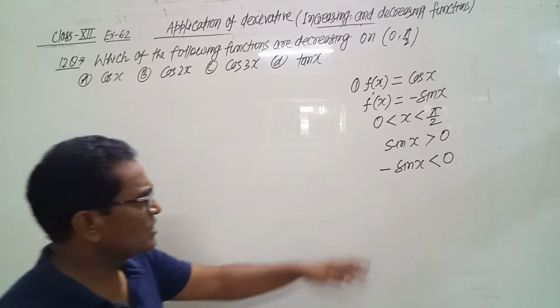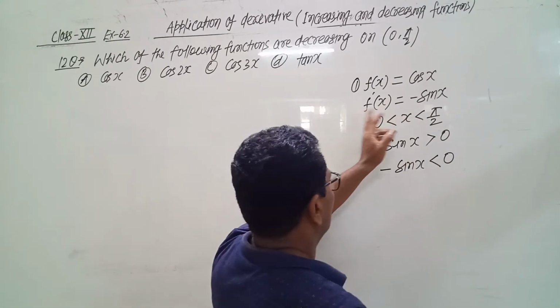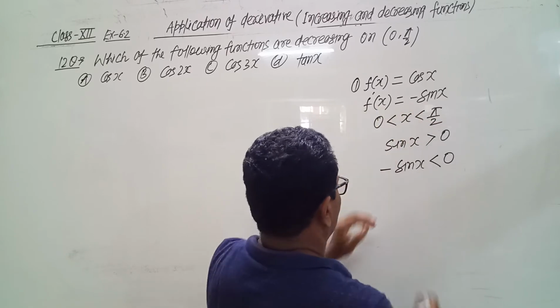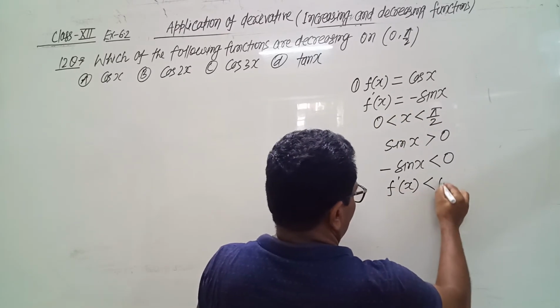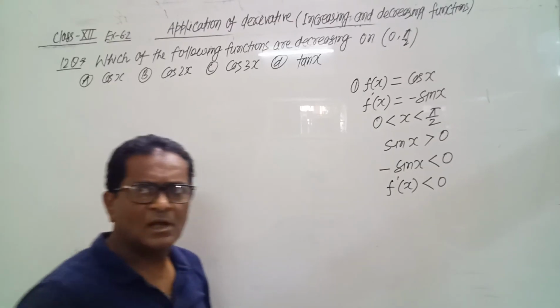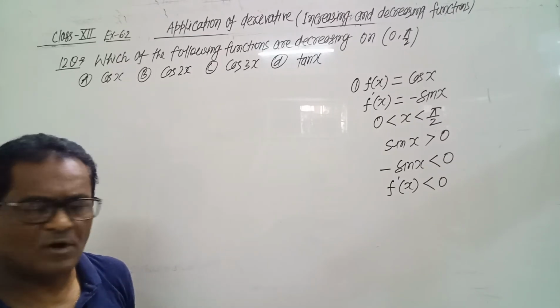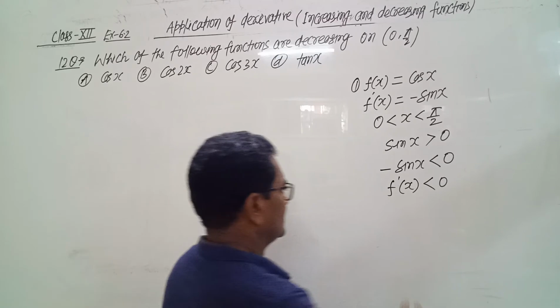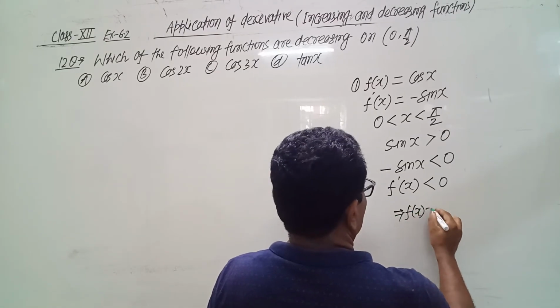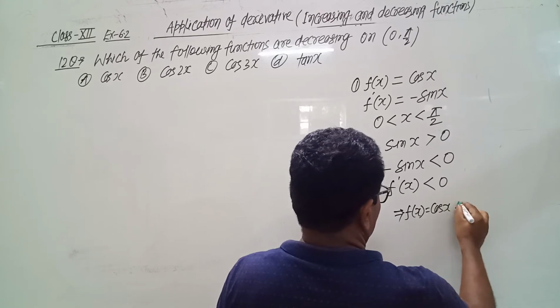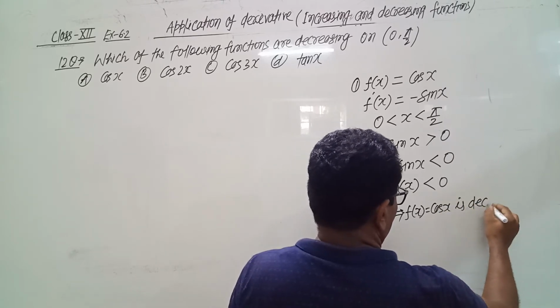At the place of minus sin x, we can write f dash x. So f dash x is less than 0, and this is the condition for a decreasing function. Hence, f(x) equals cos x is a decreasing function.